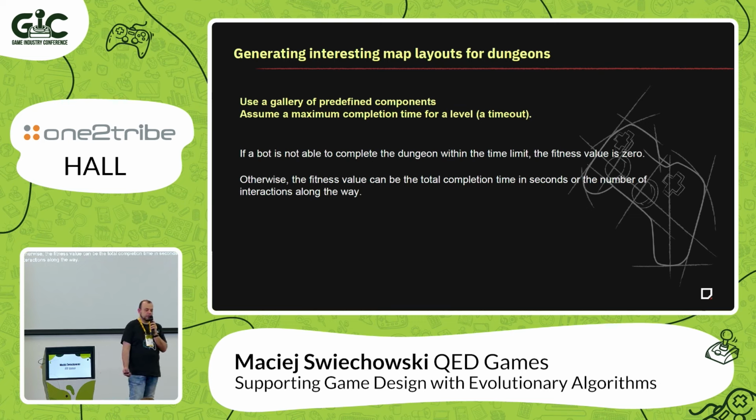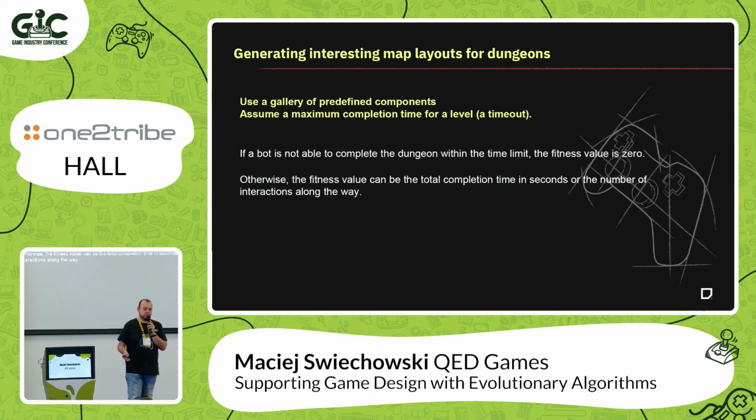And for example, as a fitness function, we can define some expected time to complete it by the bot, or we can define that we want the map to be as interesting as possible.